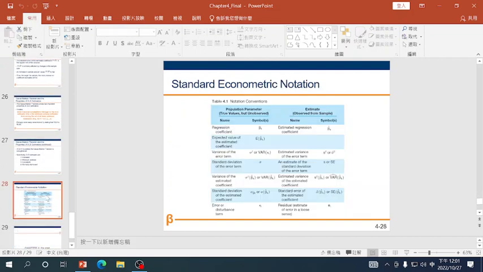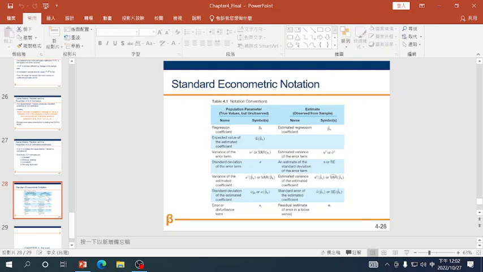And I'll finish the last part. Be careful with all these notations. In the future we will use this notation in our textbook. Whatever is said here is called a population parameter. So when you see a notation like this one, it is talking about the population.